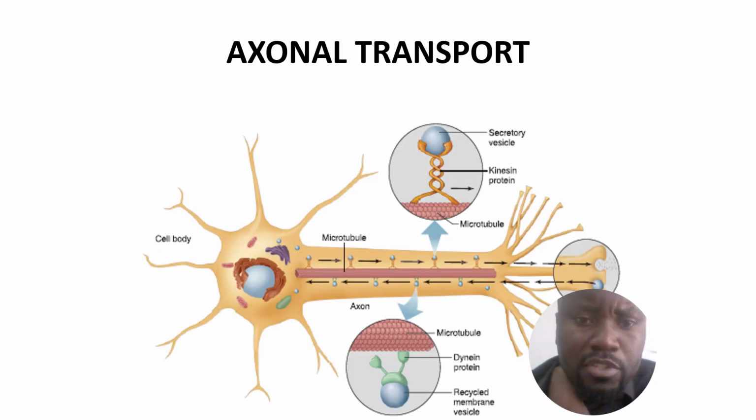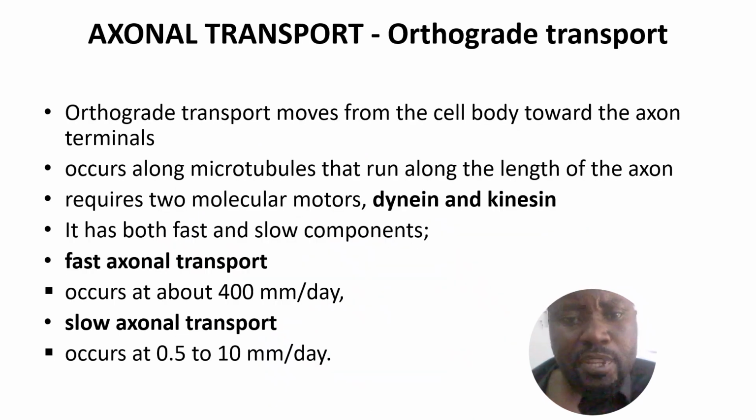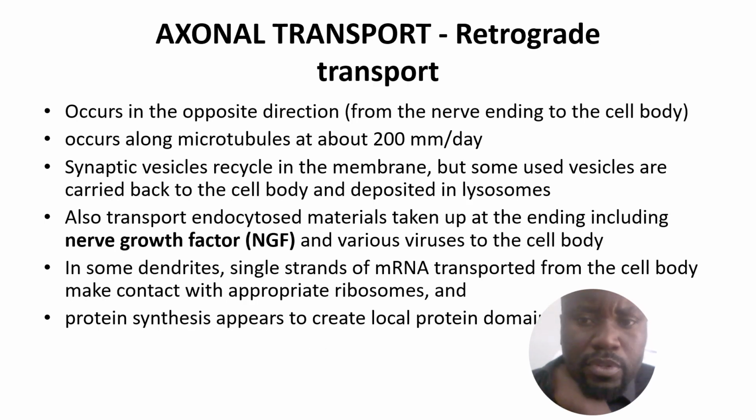So in terms of transportation, there is retrograde and anterograde transportation. Anterograde transportation is forward axonal transport, which is about 400 millimeters per day, and the slower transportation back to the terminal is about 200 millimeters per day.